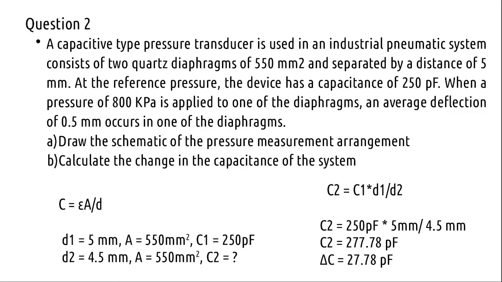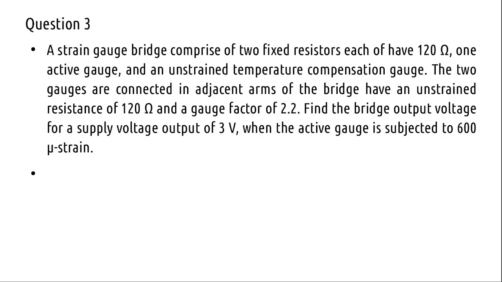So next problem. This is about a dummy gauge, right? A strain gauge bridge consists of two fixed resistors, each of 120 ohms, an active gauge and an unstrained temperature compensation gauge, that is what we call a dummy gauge.